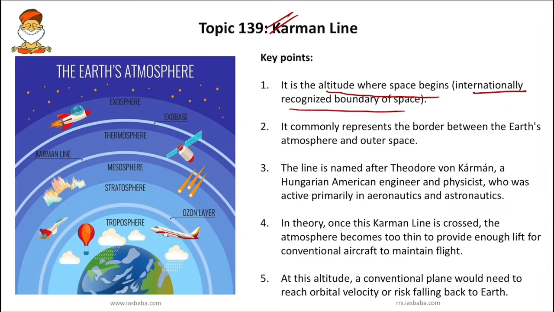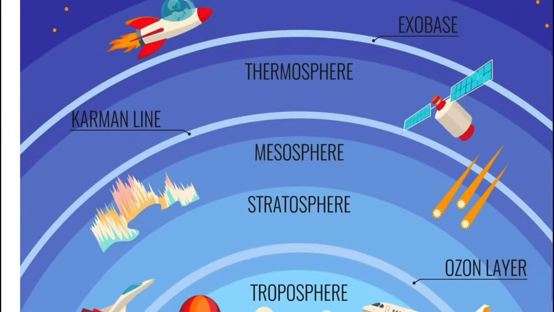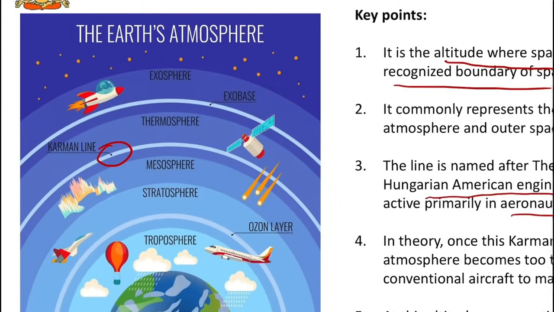The line is named after Karman, who was a Hungarian-American engineer and physicist actively involved in aeronautics and astronautics. As you can see in the figure, the Karman line is an imaginary boundary around 100 kilometers above mean sea level.